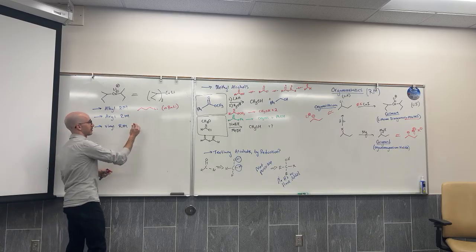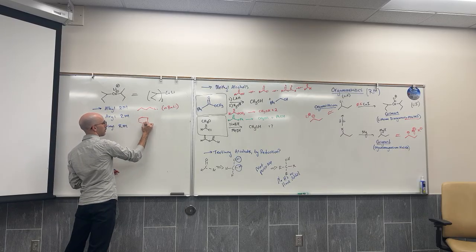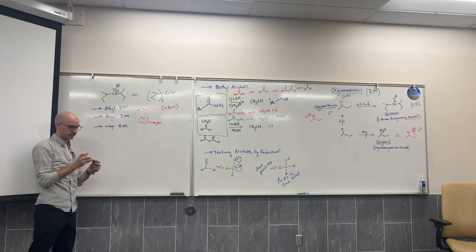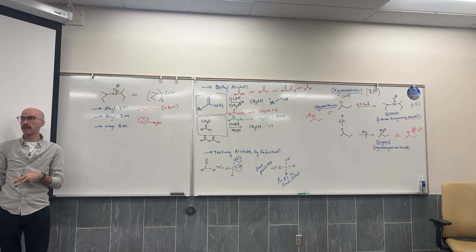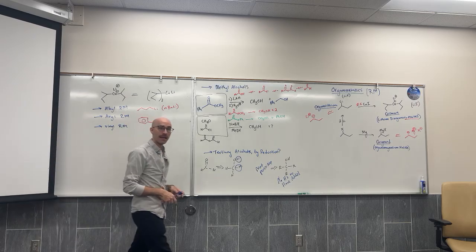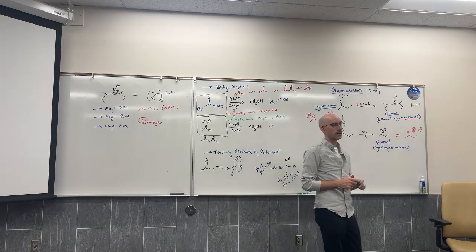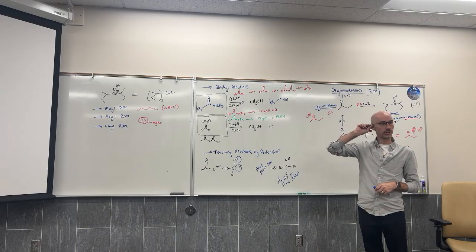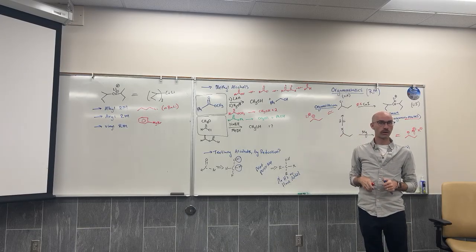You guys last week made phenyl Grignard. You took bromobenzene, added in magnesium, and made a Grignard, an aryl Grignard.